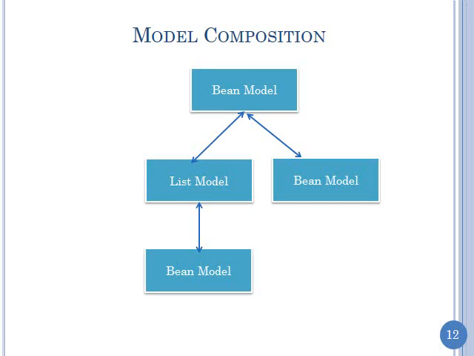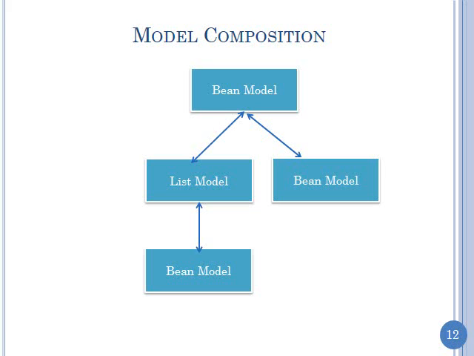Just as you can have hierarchies of interactors and widgets and windows, you can have hierarchies of models. This is the point I want to make. So your chat model is going to be a bean model that has maybe 2 list models and some other string or int or some other atomic models.